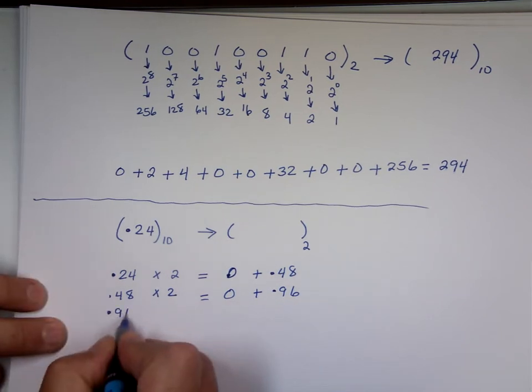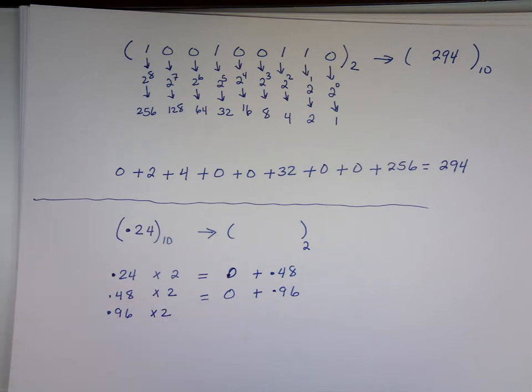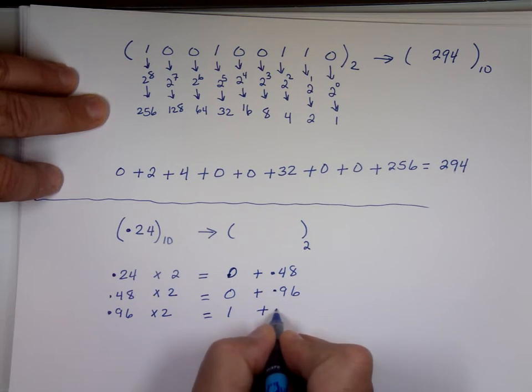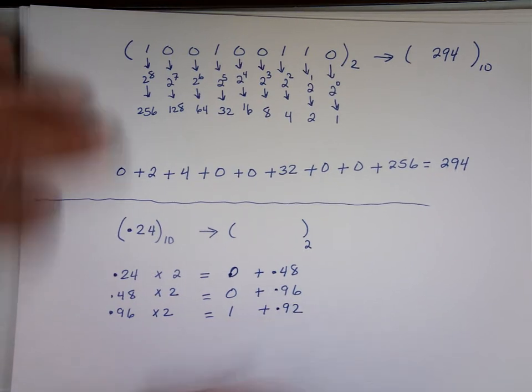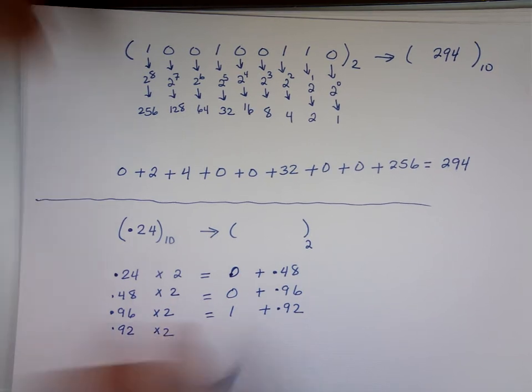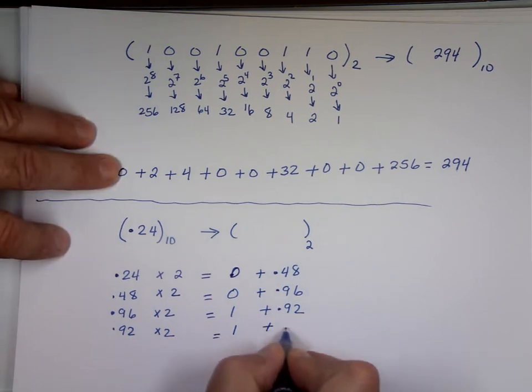0.96 times 2. I chose a lousy number. It's going to be a long one. 1.92. So it's 1 plus 0.92. 0.92 times 2 is 1.84. 1 plus 0.84.